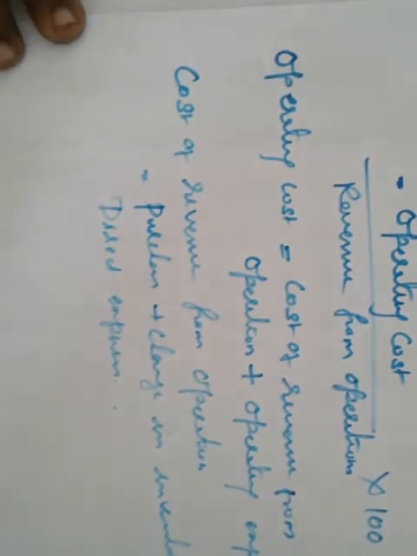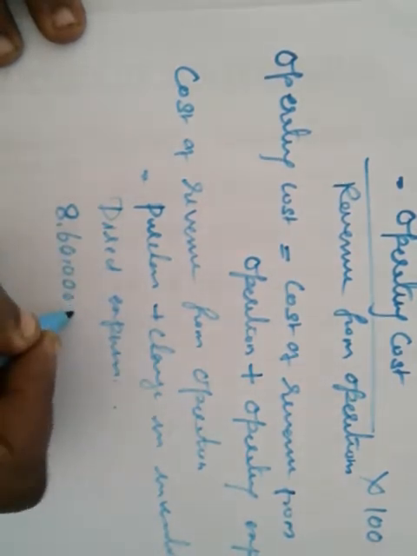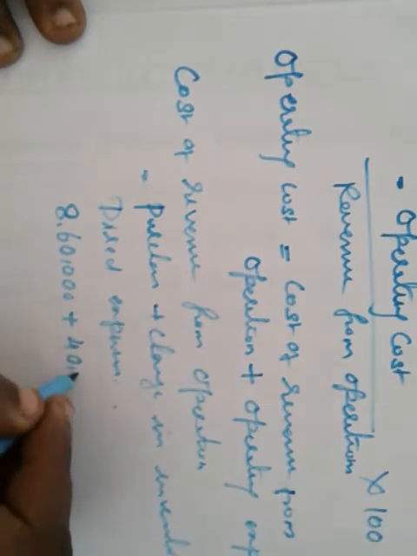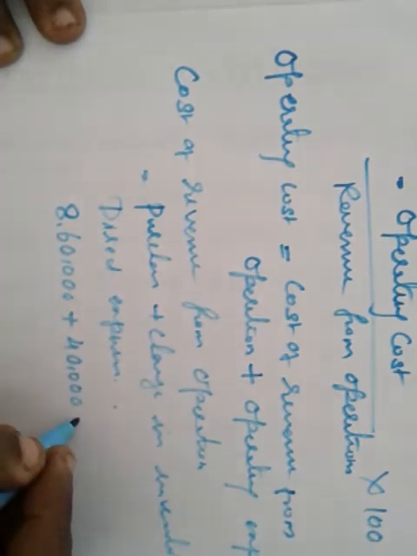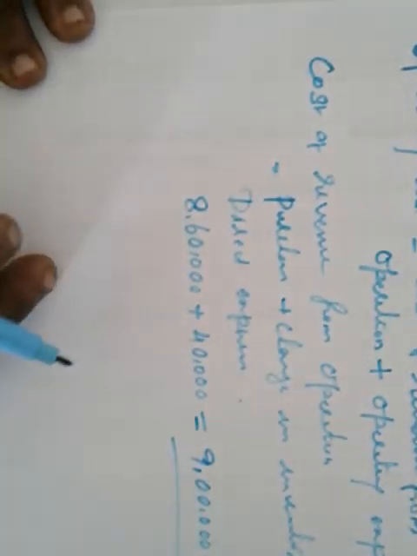In your question, the purchases is 8 lakh 60,000 and change in inventory is 40,000 and there is no direct expenses. So it need not be added. So, the total is 9 lakhs. This is the cost of revenue from operation.